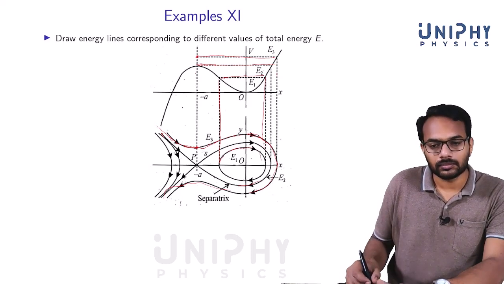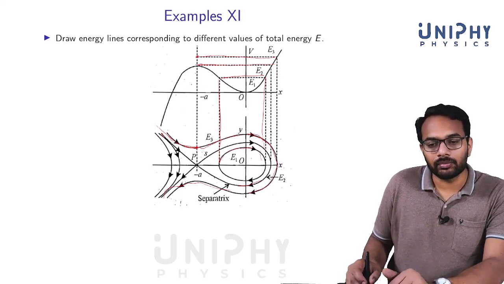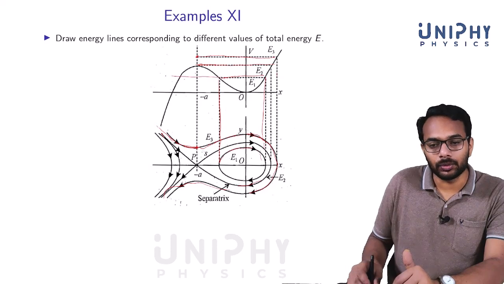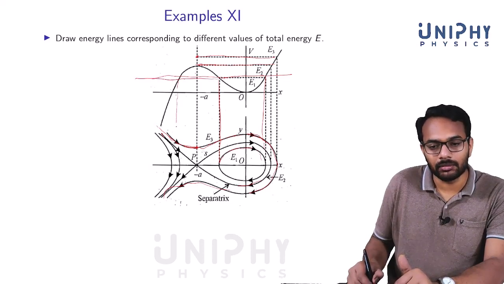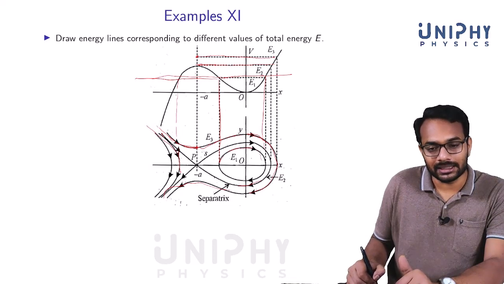Okay. Now we can think of particles with energy E2 again, which are outside, coming from minus infinity. You see that it has a classically forbidden region and it goes back, right?